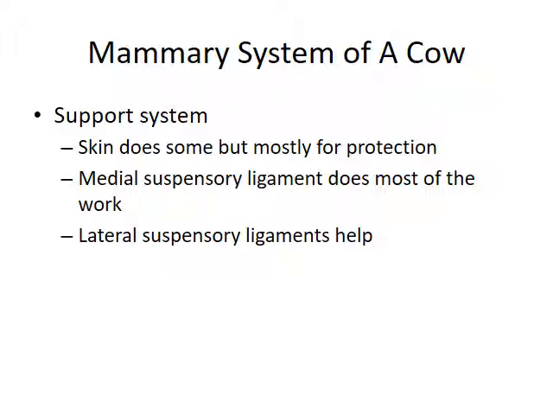It comes down from the midline of the animal, connected to the pelvis, and radiates out into the udder, both fore and aft, and puts that all together. Lateral suspensory ligaments work in parallel with the medial. They come in from the side and form sheets that go down and cradle the secretory tissue.